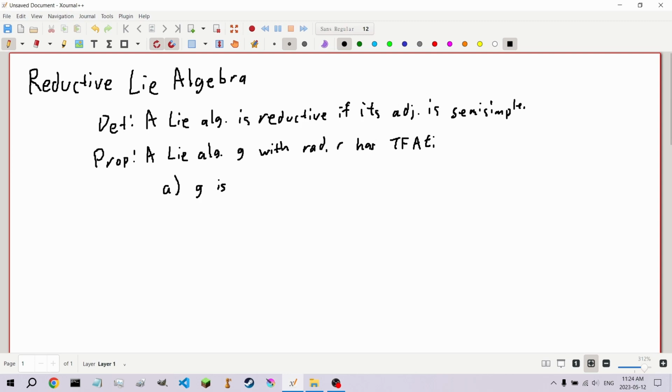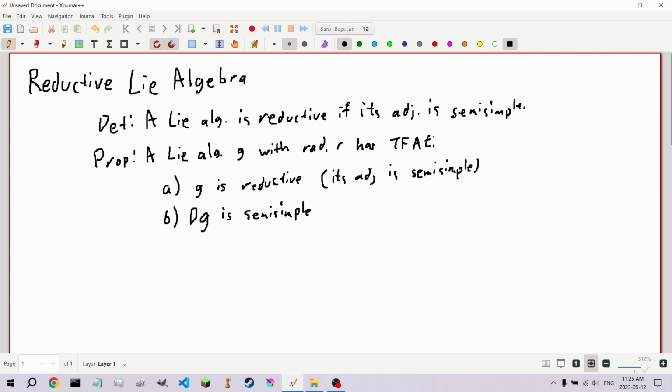A: G is reductive. B: the derived algebra of G is semi-simple. I'll put in brackets as always that G reductive is that its adjoint is semi-simple, even though that's already above. It's just easier to compare with things like this.